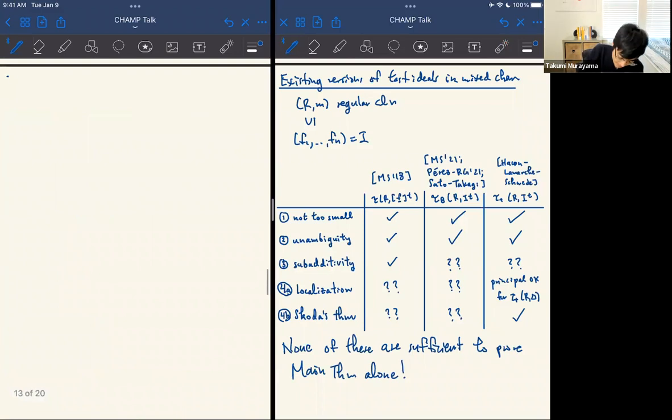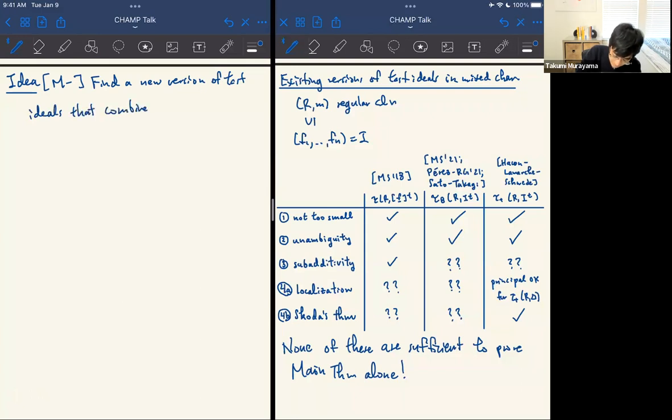And so what was my idea? My idea was that I wanted to find a new version of test ideals that combines the advantages of all of these.